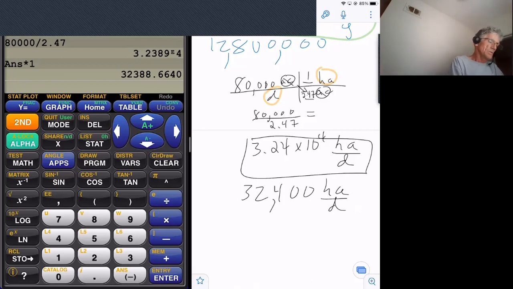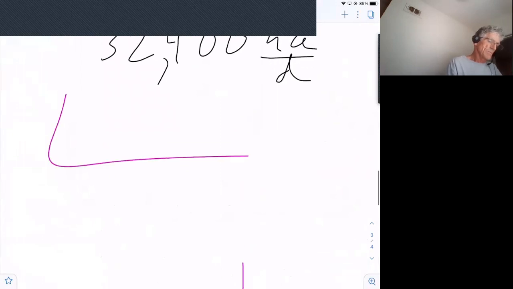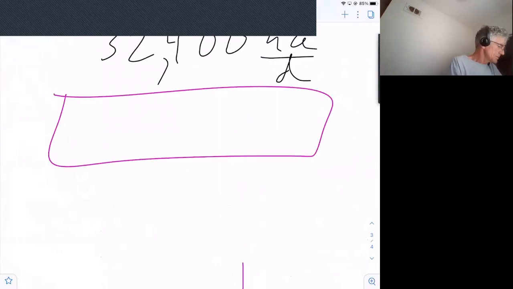Okay, so that's about it. Hope you understand. Hope that was a good review. I'm going to assign homework for this one. And it's just one. It's number 4. Okay, page 18, number 4.